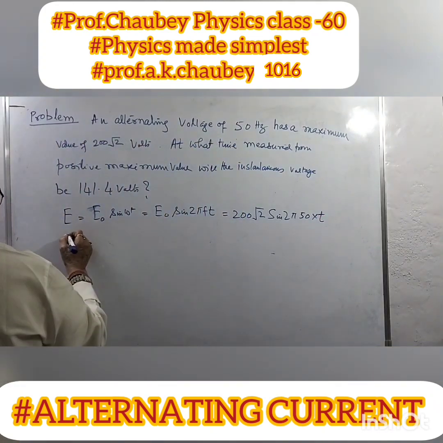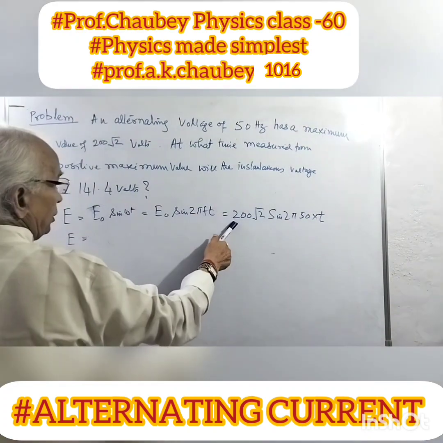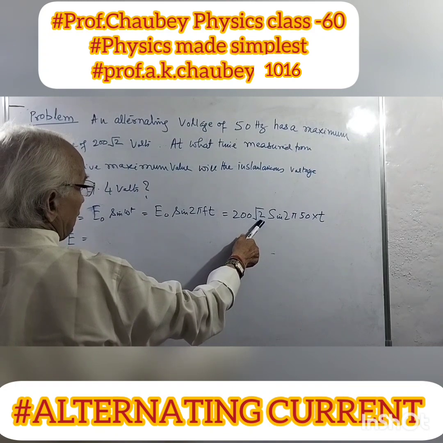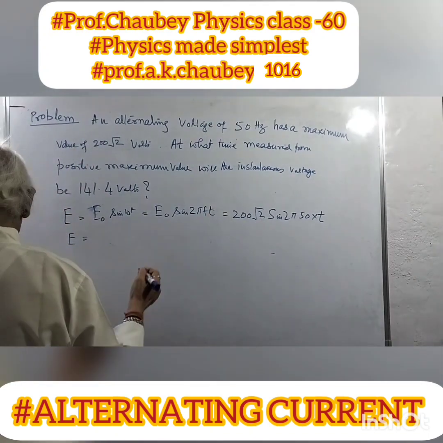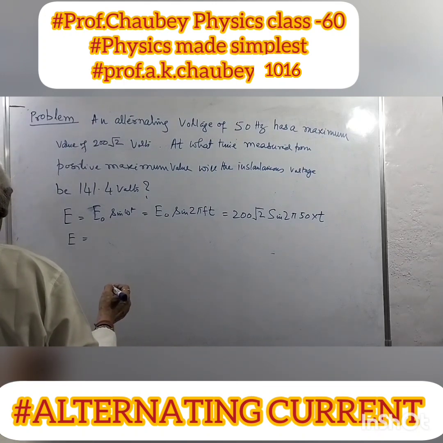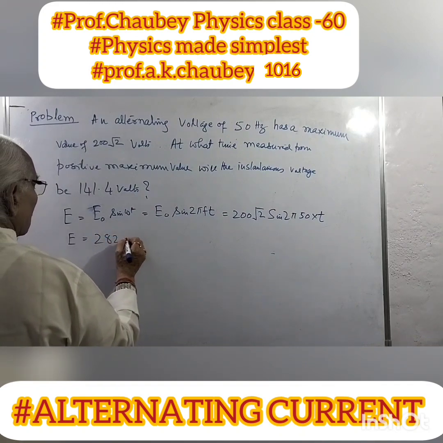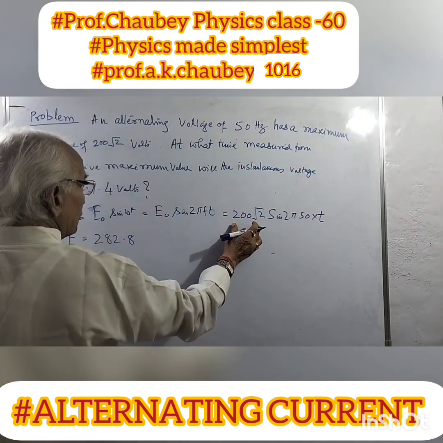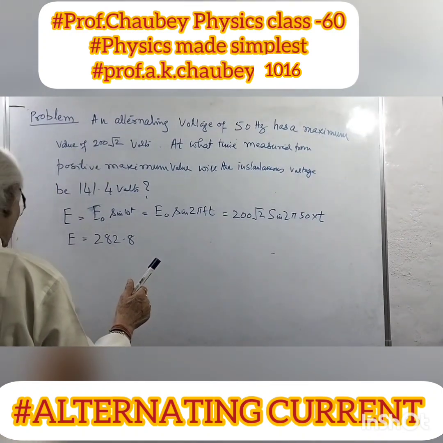So E is equal to 200 under root 2. You can put under root 2 as 1.414 and multiply, so this becomes 282.8 sin 2 pi into 50 into t.